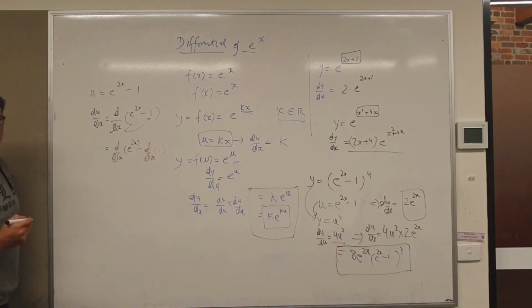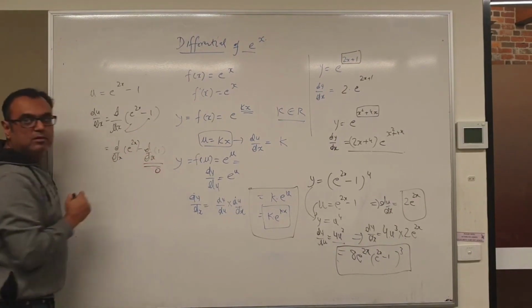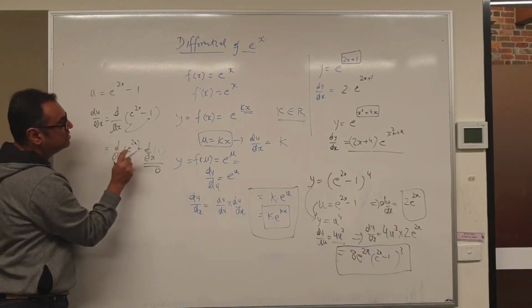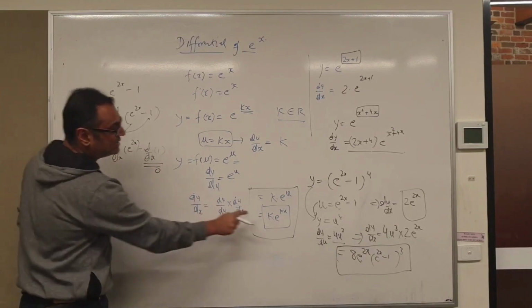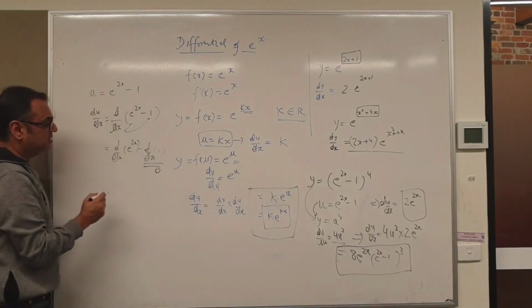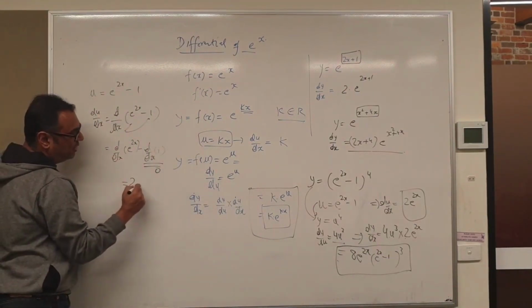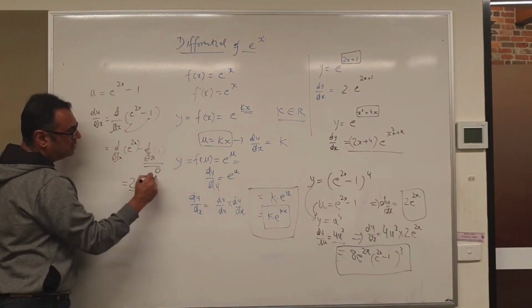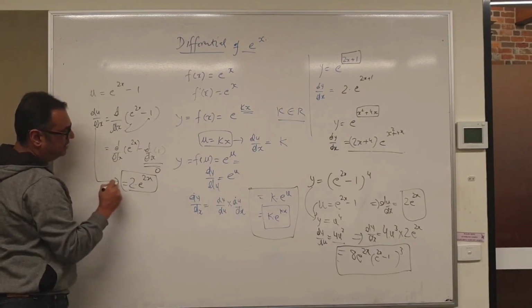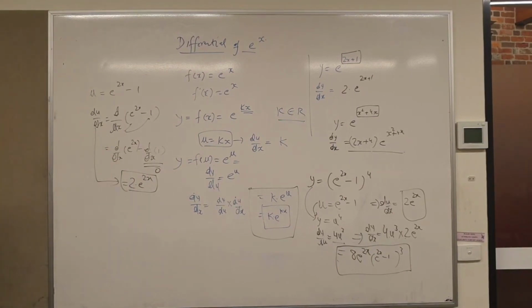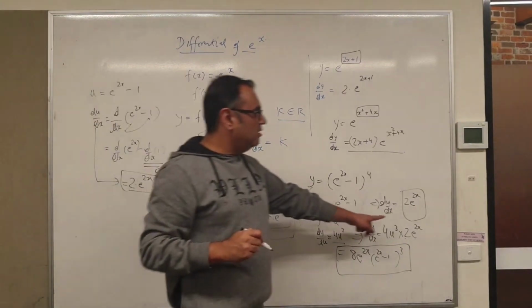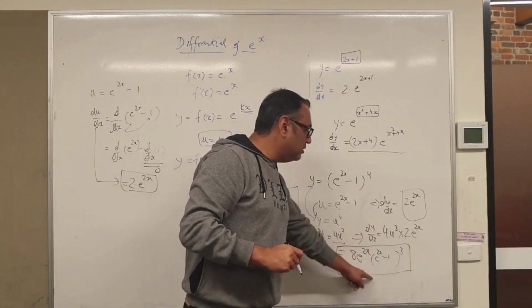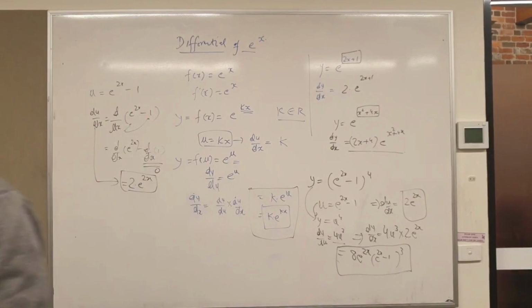This is 0, because it's a constant. And e raised to the power kx gives k times e raised to the power kx. So k is 2 here: 2e raised to the power of 2x. That is my du by dx, exactly what I just found here. And then you just multiply the two.